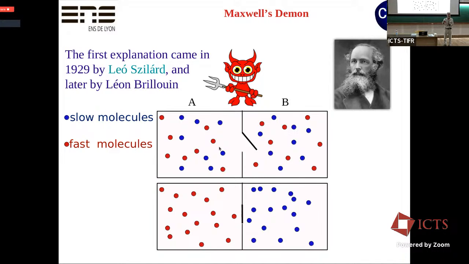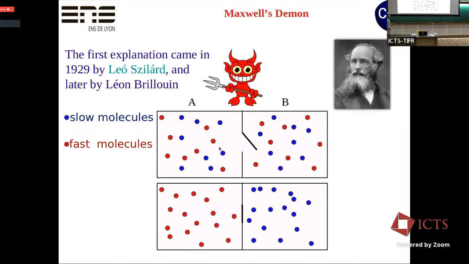You are just compressing a spring, and the spring gives you back the work that you used to compress it. So in principle you have not done any work to stop the fast and slow molecules. Instead, the first who thought that information could be the answer was Leo Szilard, and later Léon Brillouin.